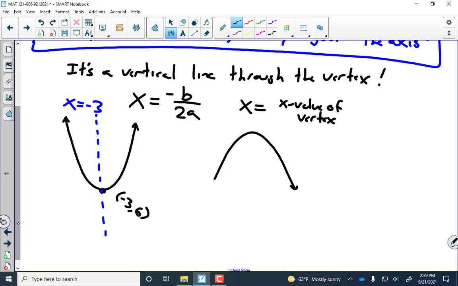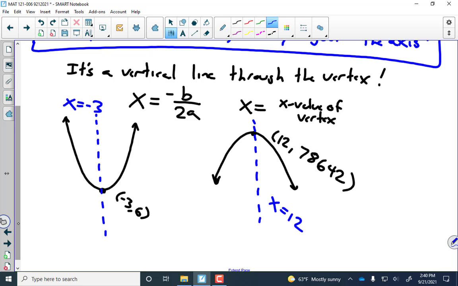If your parabola opens down, like this, and it has a vertex of (12, 6)... what's the equation of the axis of symmetry? X equals 12. So you can find that axis of symmetry as long as you know the vertex.